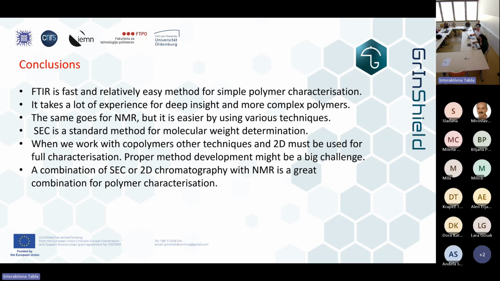However, here the development of the characterization method is sometimes quite challenging, and it takes a lot of time. Especially good for full characterization is the combination of SEC or two-dimensional chromatography with NMR.